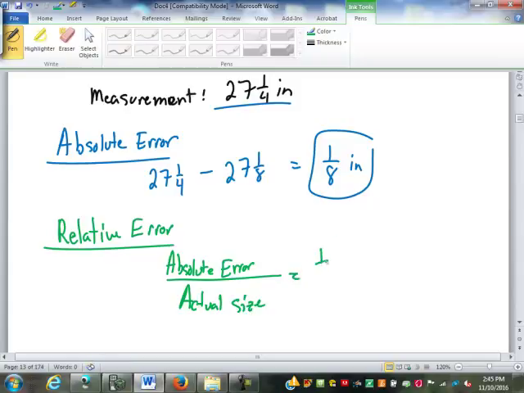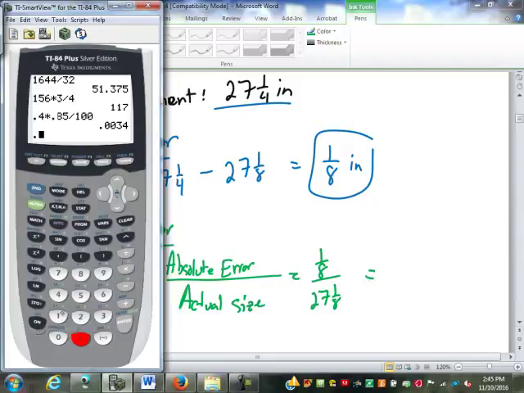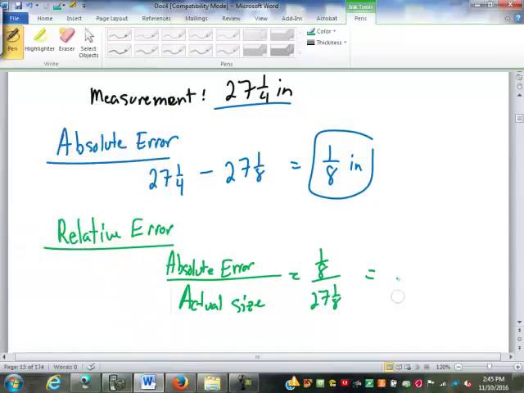So that's going to be 1/8 inch divided by 27 1/8 inch. Which gives us 0.004608.